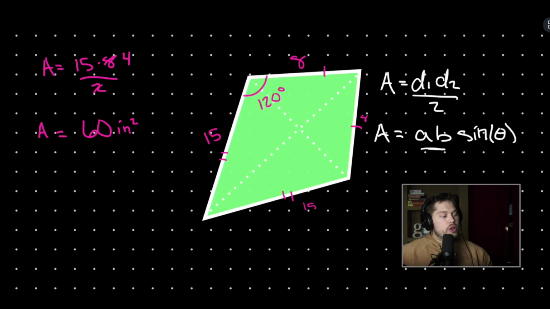However, you could not use this formula if, with some angle here, let's call it 60, you can't use 8, 8 and sine of 60 for this formula. You have to choose the two different side lengths, and you have to choose the angle between those two side lengths in question.